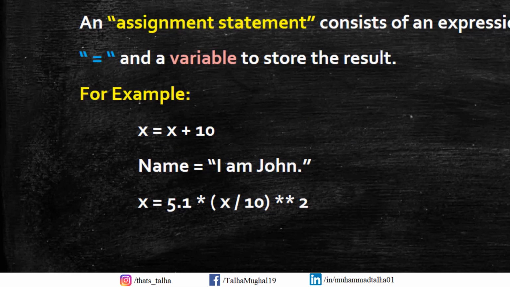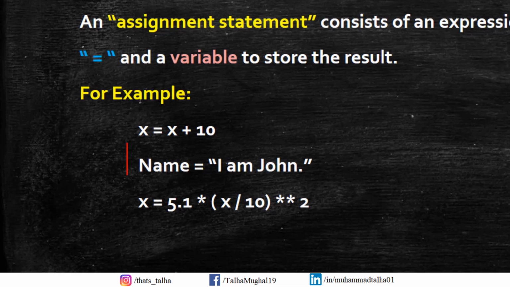So whatever the result of X plus 10 will be, it is going to be stored in the variable X, which is on the left hand side of the equals. "I am John" is the string constant which will be stored in the variable name. And this expression, 5.1 multiplied by X divided by 10 raised to power 2, all of this expression and its result is going to be stored in the variable y.